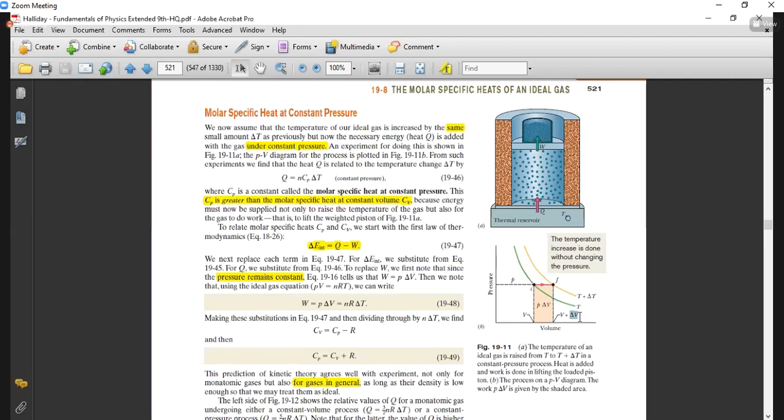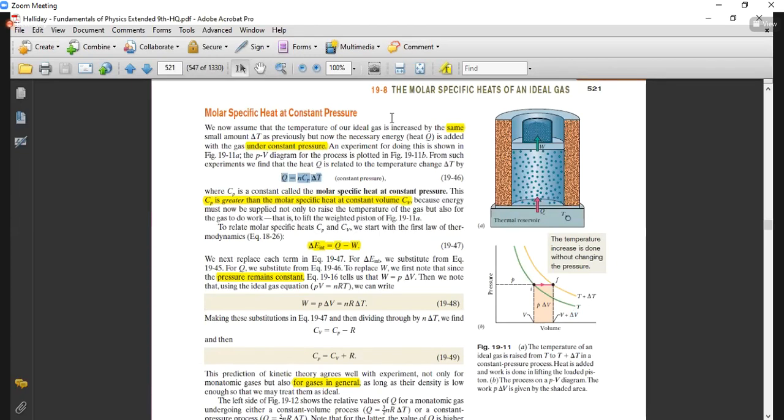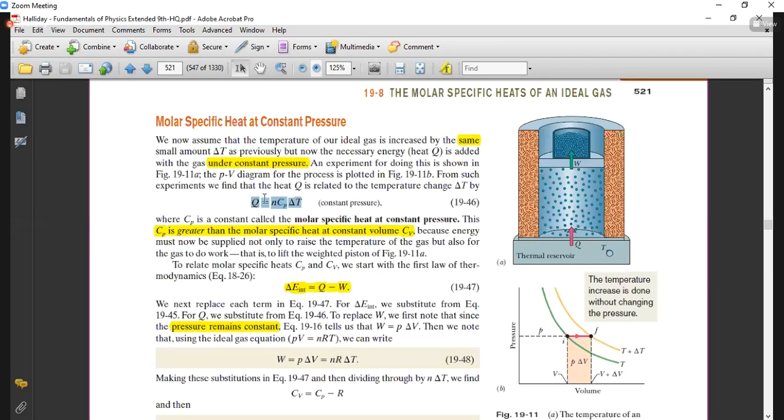In these scenarios or experiments, what they have said is that the heat is related to the temperature by this relation. This is the relation by which we can relate the heat absorbed by the system.